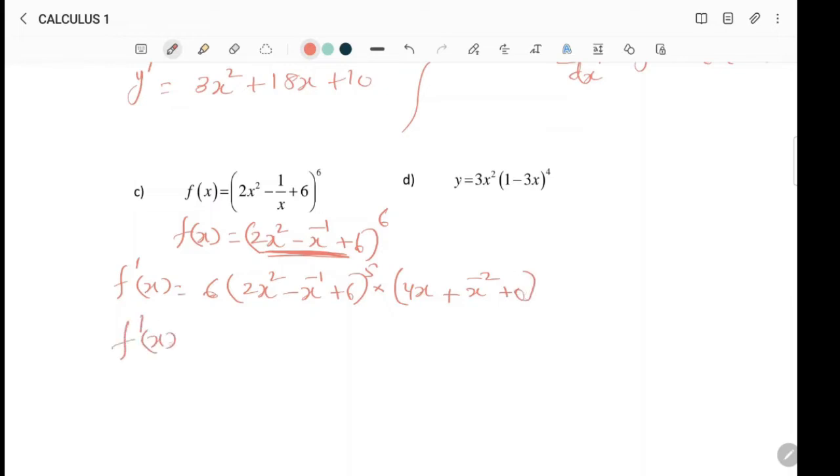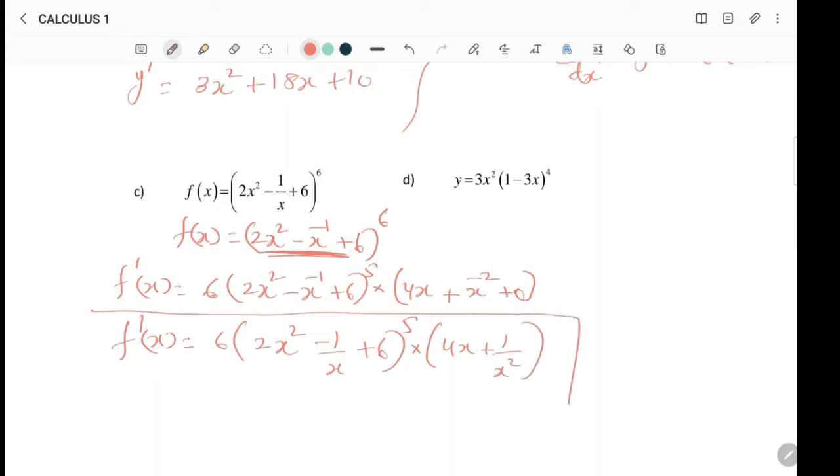So f dash x will be 6 times (2x squared minus 1 over x plus 6) to the power 5, then times, this is 4x plus 1 over x squared. This is your f dash x. Let's change the color. Okay, now we need to differentiate that.